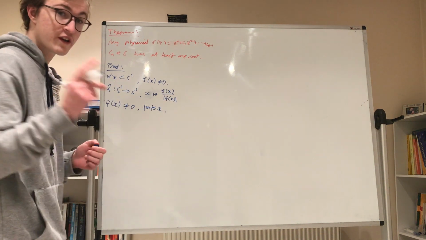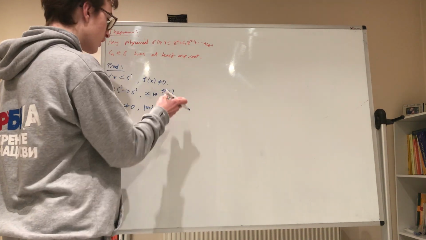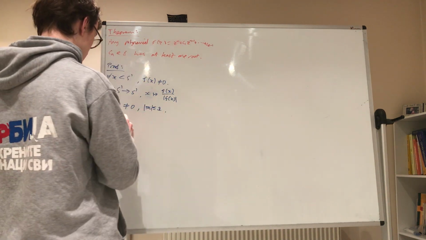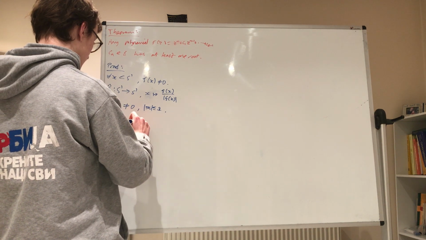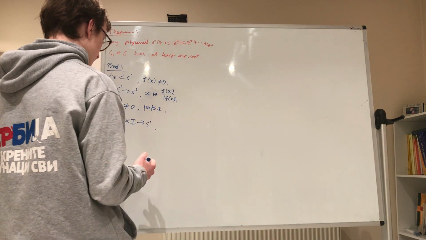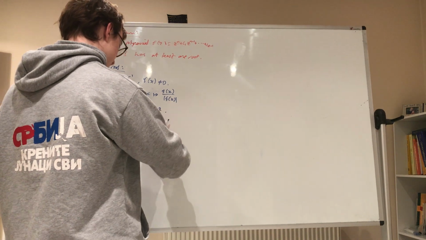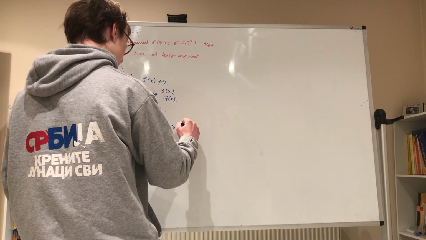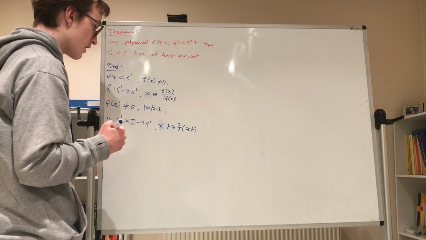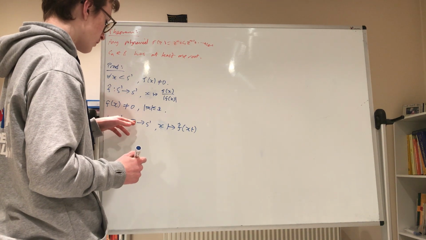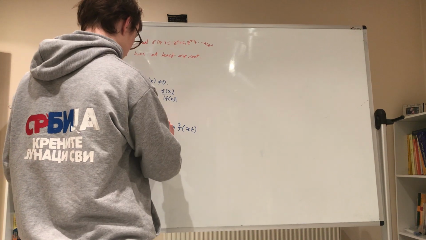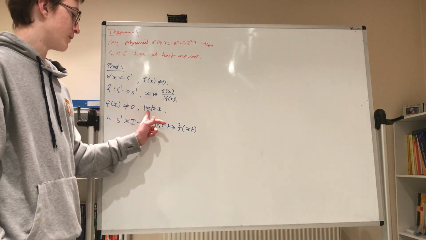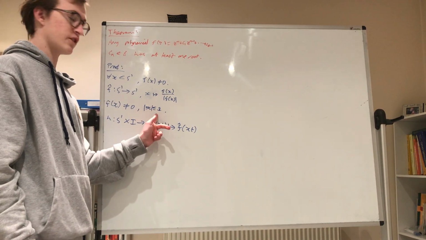Then we are within our rights to define another homotopy h from S1 cross I to S1 given by xt maps to f hat of xt. And we're allowed to do this because we've assumed that there's no roots for x less than or equal to 1.